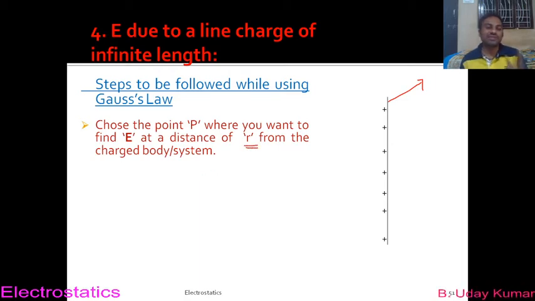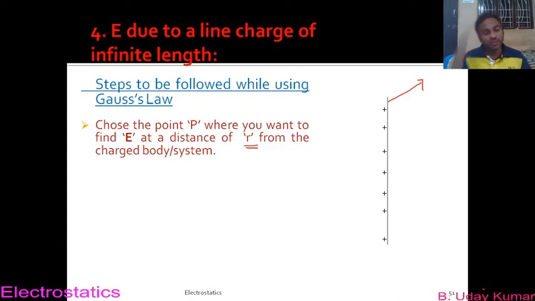So this is the first step. Even in our previous videos we determined the electric field intensity due to a point charge, a spherical conductor and a charged sphere, and even there we followed the same steps. I request you to remember those steps, because almost 6 to 7 topics depend completely on this concept only.